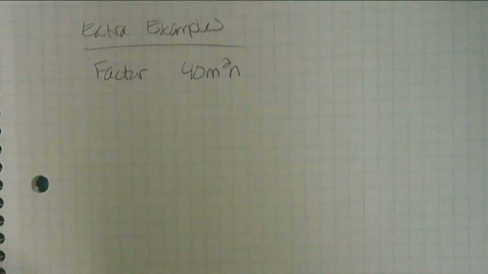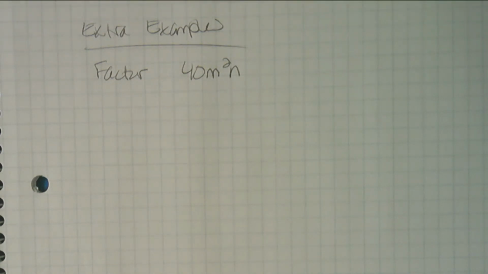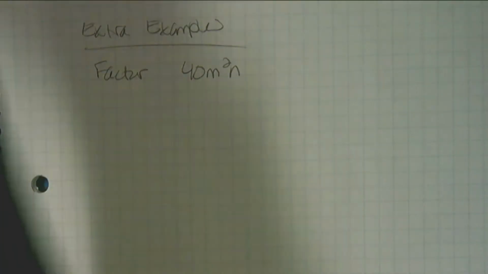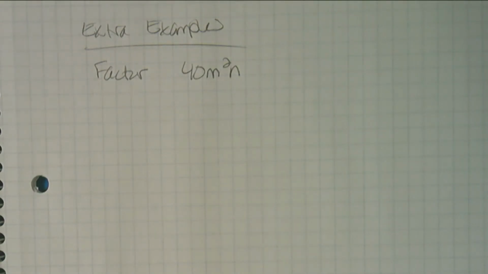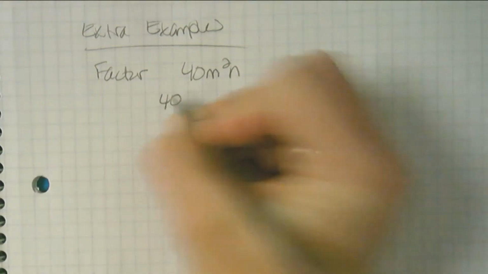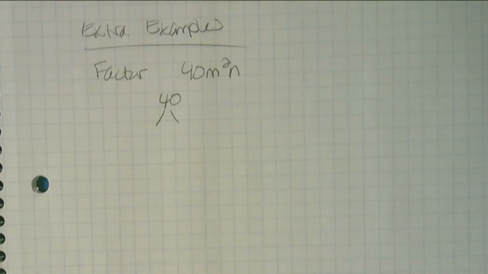So I want you to factor 40m squared times n. When you're done, check with someone sitting by you. See if you guys got the same answer.